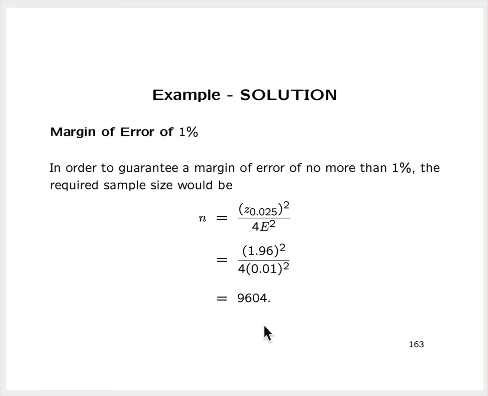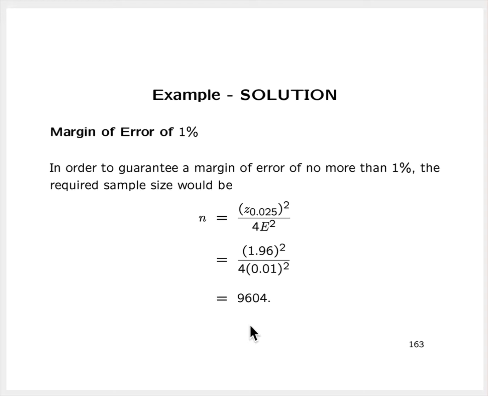And so using this relatively small sample size, we could come up with a confidence interval for the proportion of voters who favor candidate Smith for which we have 95% confidence, and for which the margin of error is no more than 1%. So we could come up with an interval that has a width of no more than 0.02.